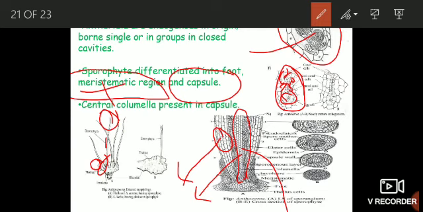In Hepaticopsida, the elaters are true elaters because they help in the dehiscence and dispersal of spores. But in Anthocerotopsida, the elaters are known as pseudo-elaters because they do not possess the thickening bands which help elaters in dispersal and dehiscence of capsules. These are some distinguishing features of this class.